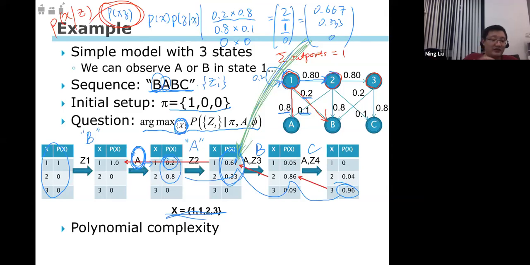We can do that because it's proportional to this, because P of X given Z is P of XZ over P of Z. We don't care about what P of Z is. Why that? Because we simply normalize it.